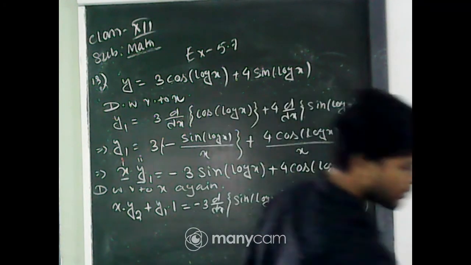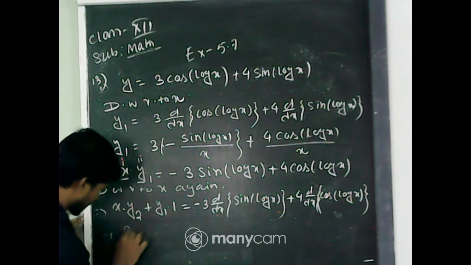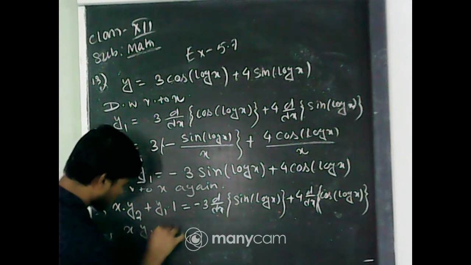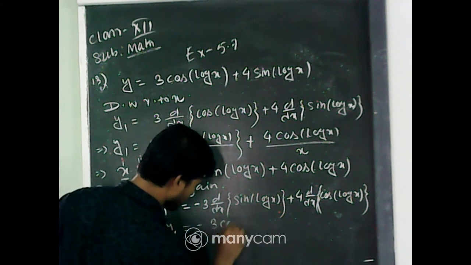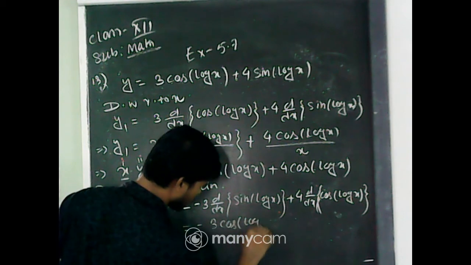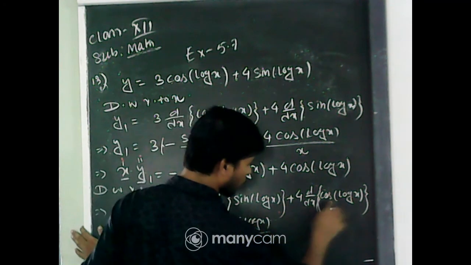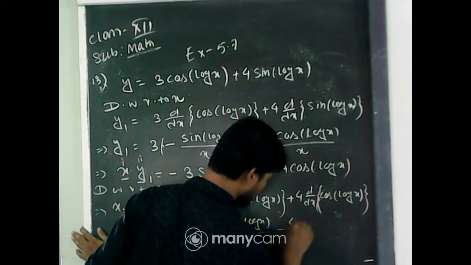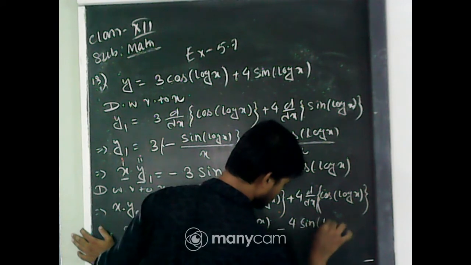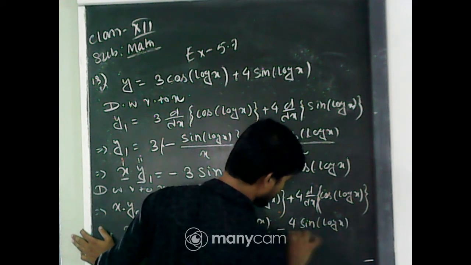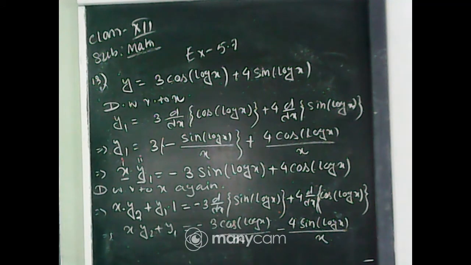Now differentiate them. That means finally we have x y2 plus y1 equal to minus 3 cos of log x by x, and derivative of cos of log x, that will be minus 4 sine of log x by x. Now do one thing, multiply both sides by x again.